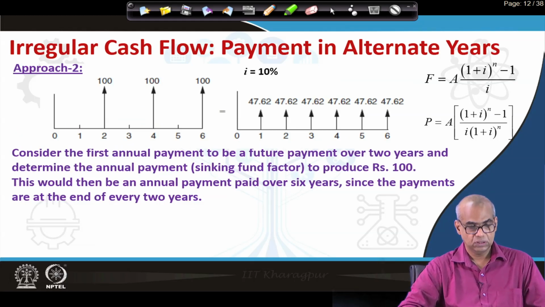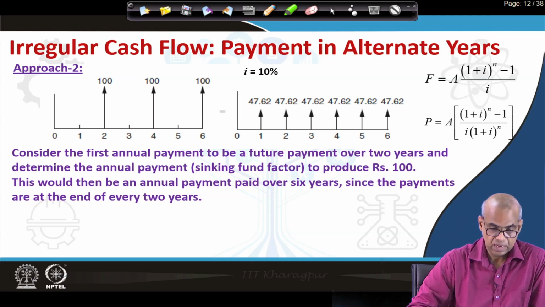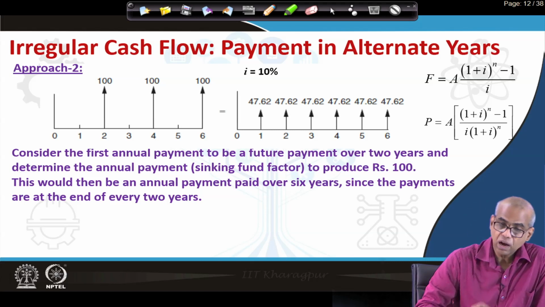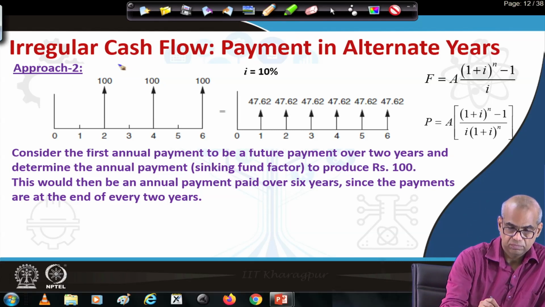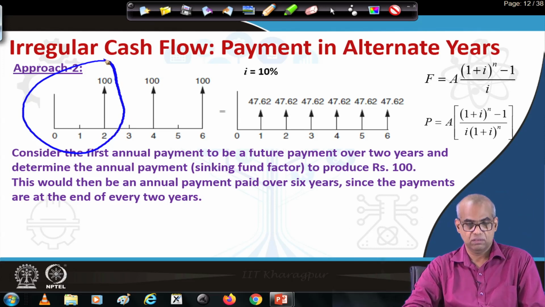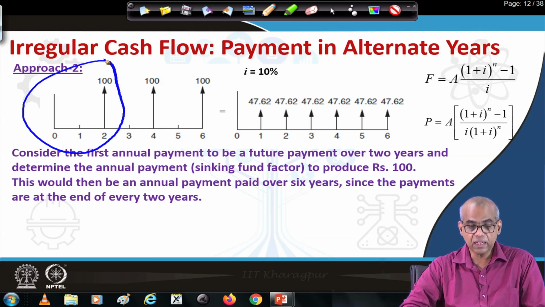The other approach: consider the first annual payment to be a future payment over 2 years and determine the annual payment to produce rupees 100. So, consider this, you have to produce rupees 100 at the end of the second year. Consider the sinking fund factor and find out what should be A invested every year.